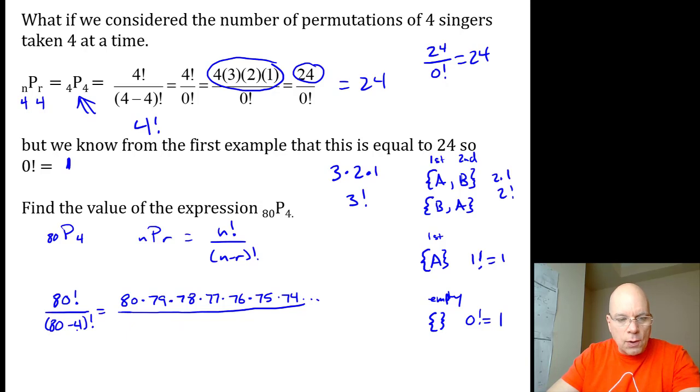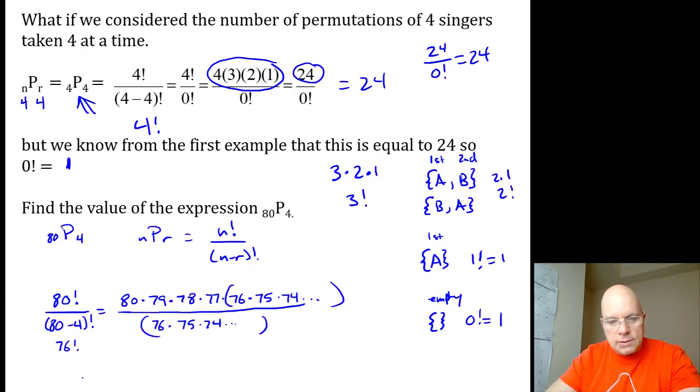But 80 minus 4 is 76. So the denominator is 76 factorial, which is 76 times 75 times 74 ... Do you see that this is the same as this? In other words, this product will cancel with that product, which is great because without that we'd be in trouble.